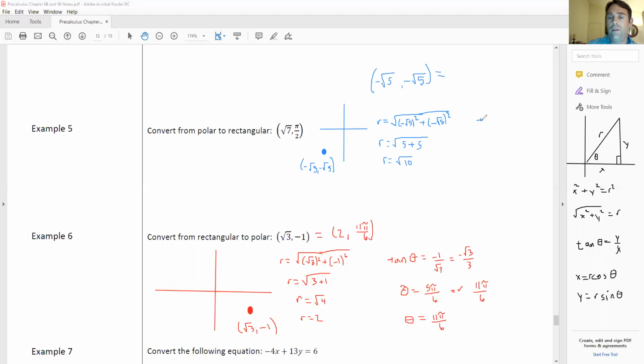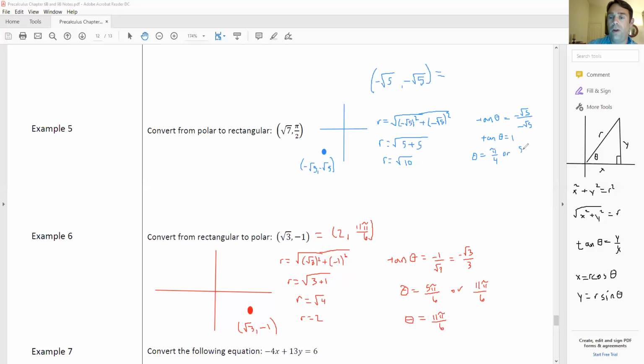Now we have to figure out what theta is going to be here. So tangent of theta is negative root 5 over negative root 5, which equals 1. So if tangent of theta equals 1, then this is going to be either pi over 4, and when you do it on your calculator it will say pi over 4 or 45 degrees, or 5 pi over 4.